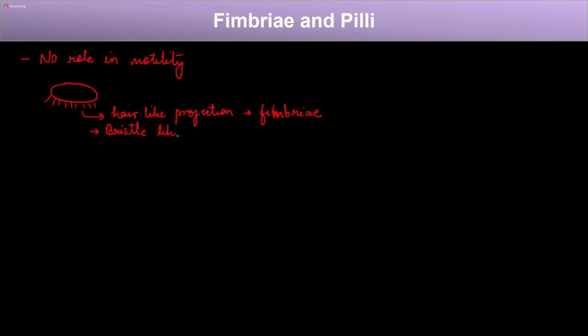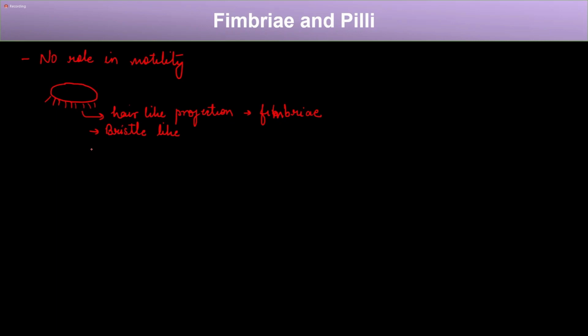Now, what is fimbriae? If you see, you have a bacteria something like this. The bacteria has certain outgrowths like this. This hair-like projection is called fimbriae. It looks hair-like or bristle-like, so its structure is bristle-like.